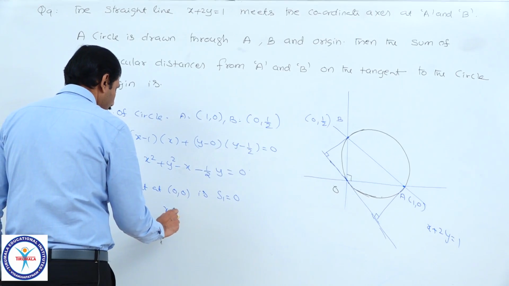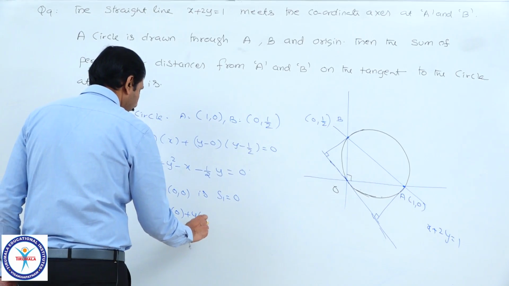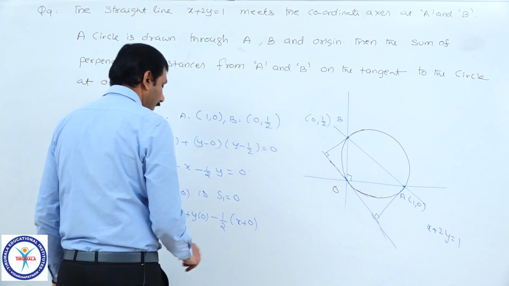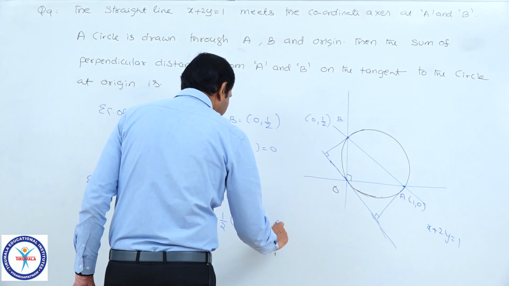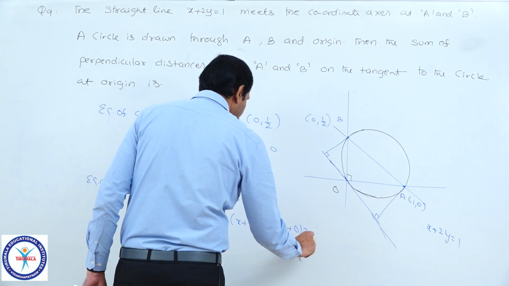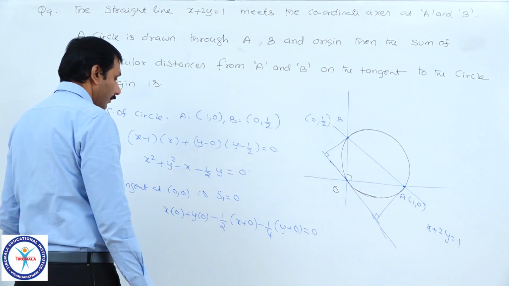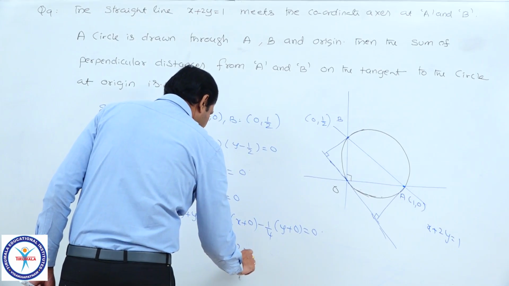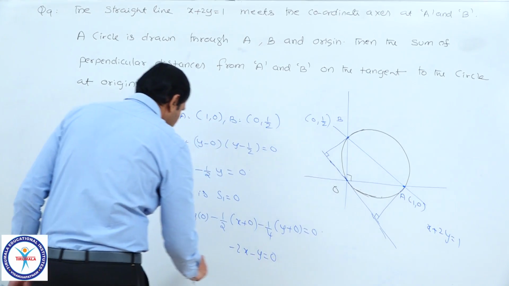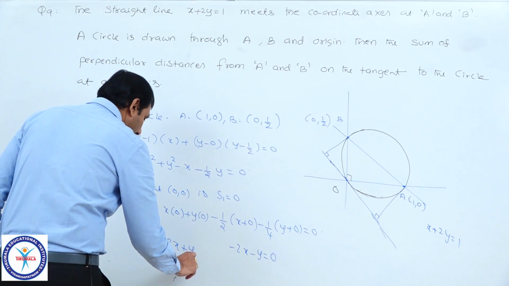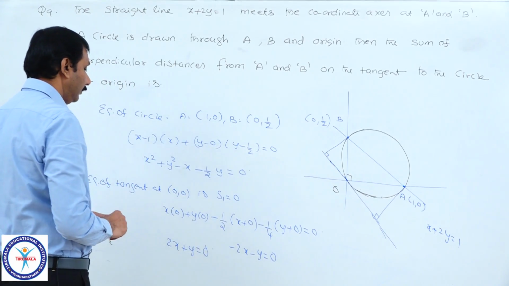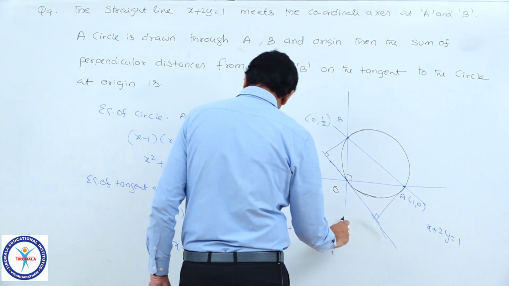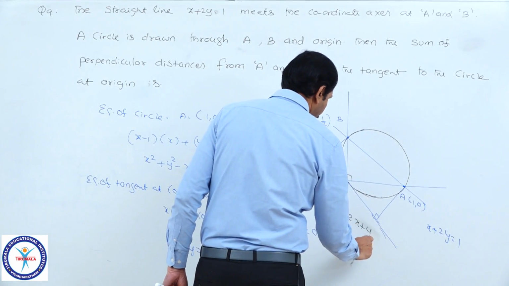That is x1 x + y1 y + g(x + x1) + f(y + y1) = 0, with g = -1/2 and f = -1/4. Therefore, at (0, 0) it gives -x/2 - y/4 = 0, that is 2x + y = 0. It is the equation of the tangent at (0, 0). That equation is 2x + y = 0.